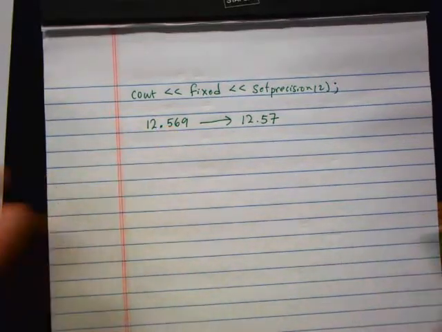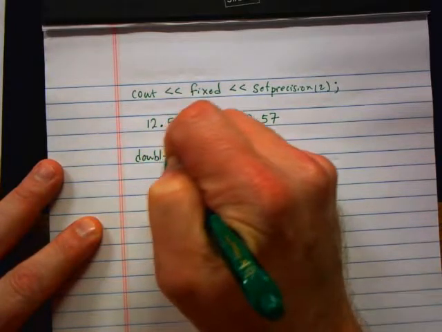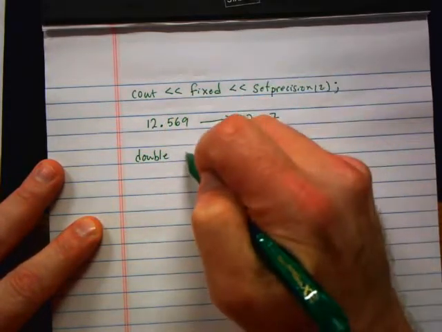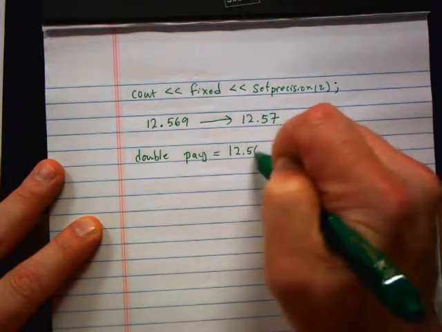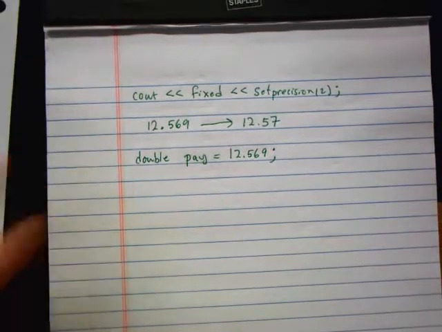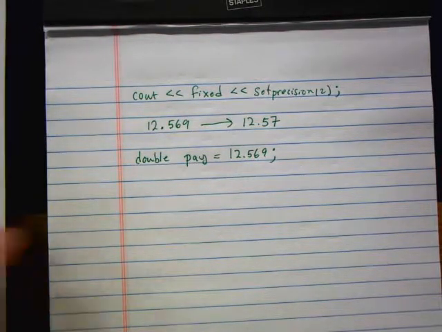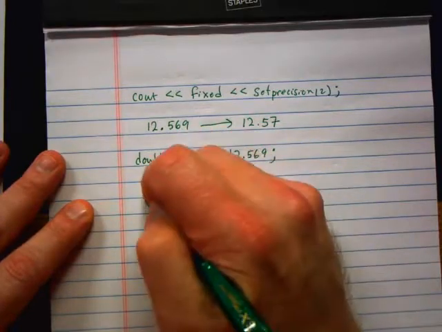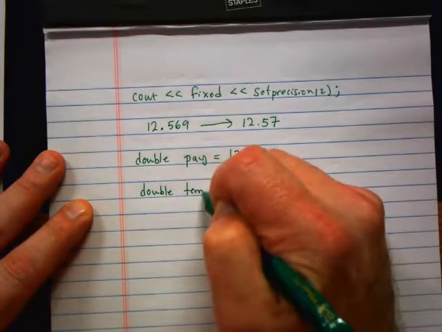Let's give this variable a name here. This is a double, pay equals 12.569. If I want to round to 2 decimal places, I'm going to make a new variable called double tempPay.